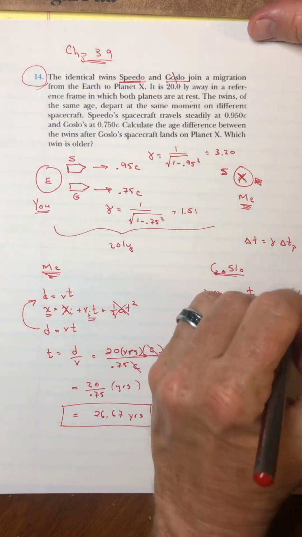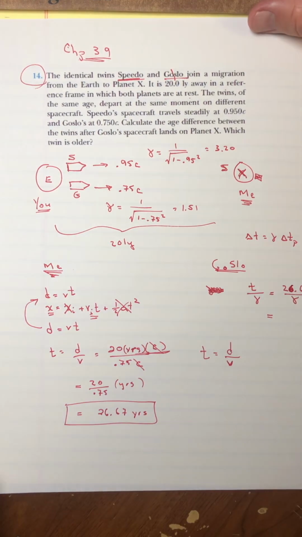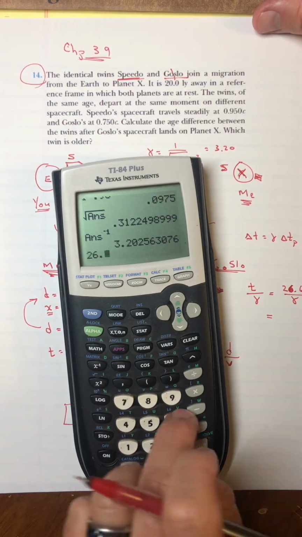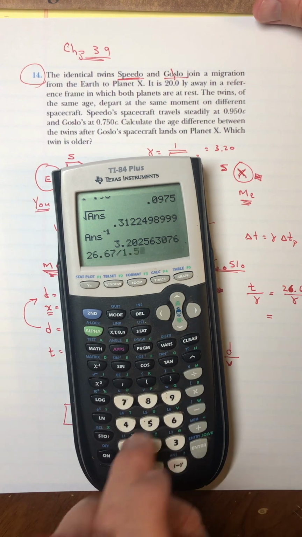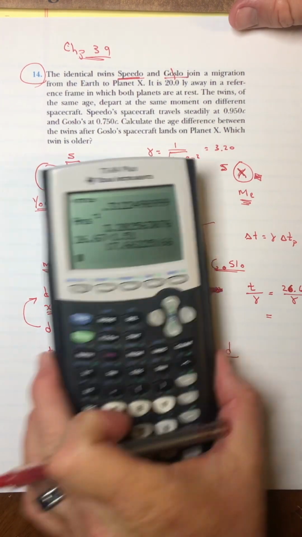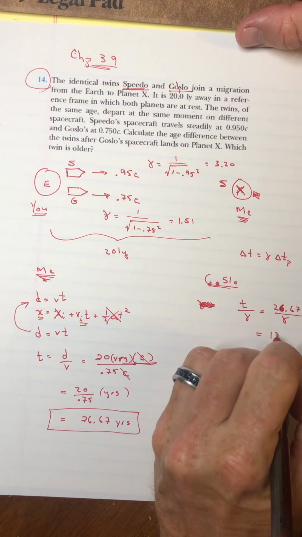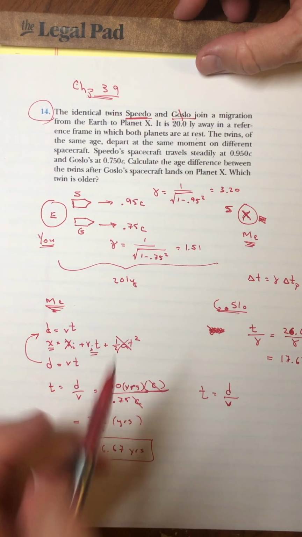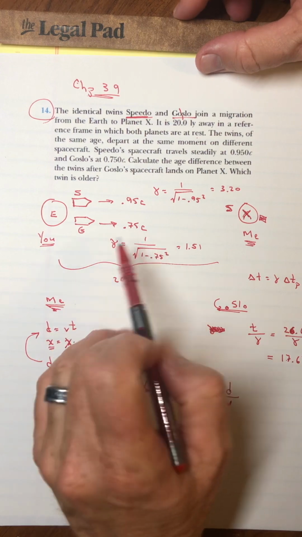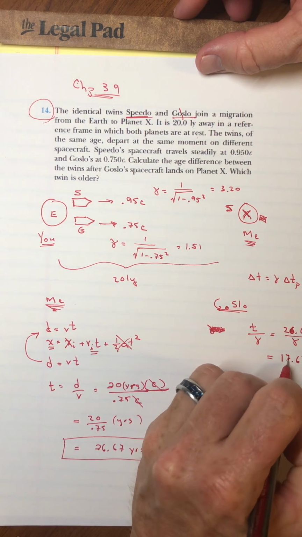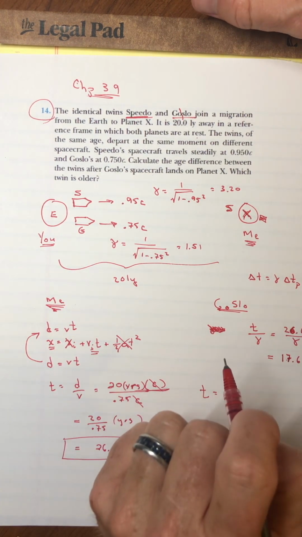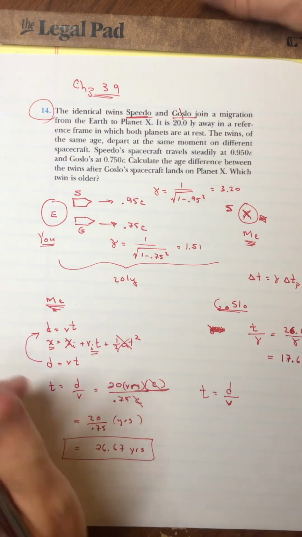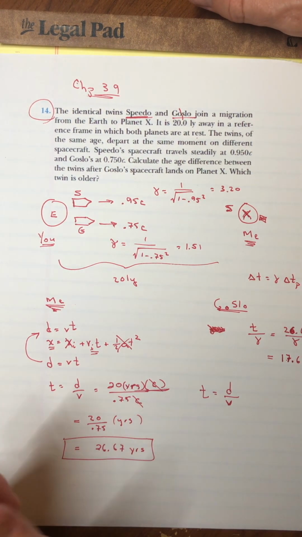I think I wrote it wrong. Yeah, 26 years. Okay. So if I take the 26.67 years and divide it by 1.51, we're looking at about 17.67 years. So again, just keeping track, Go Slow is going to only have 17 birthdays, and then they're 2/3 of the way to their 18th birthday.